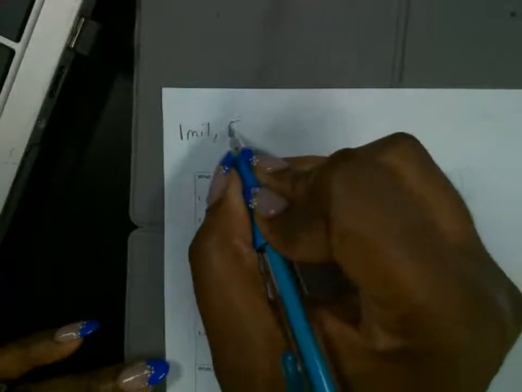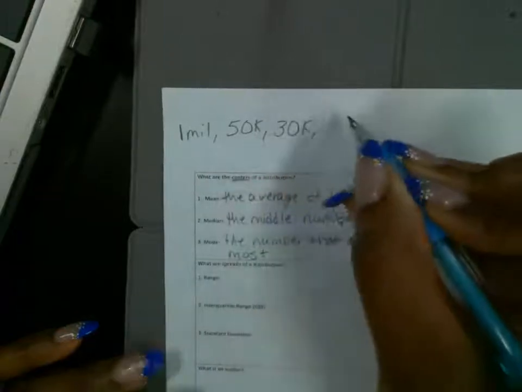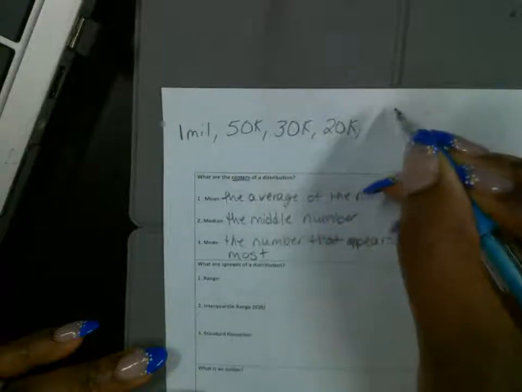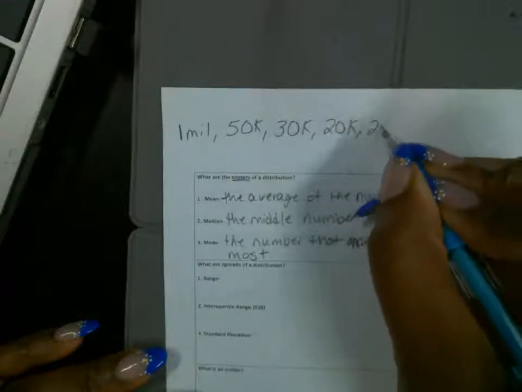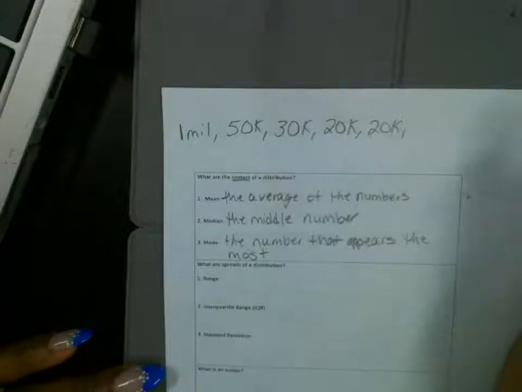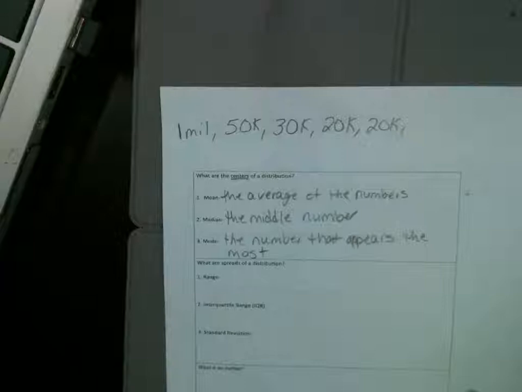And then we have somebody that makes 50K, 30K, okay, maybe 20K. And then we have maybe 2 people that make 20K a year, okay, or something like that. All right, so now look, what's the fairest here?